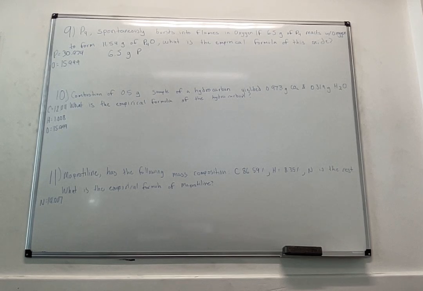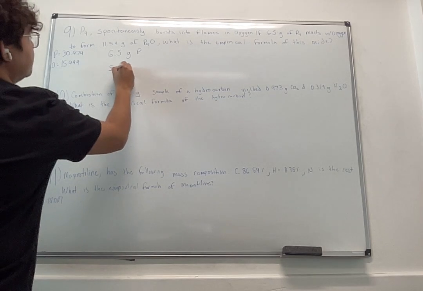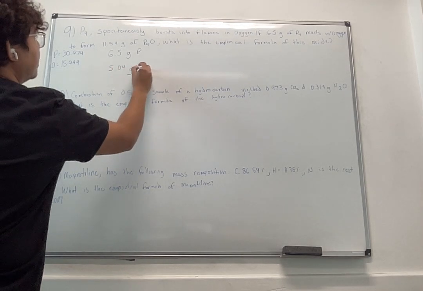So if you do 11.54 minus 6.5, you should get 5.04 grams of oxygen.